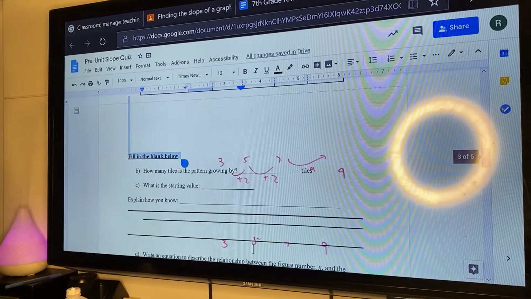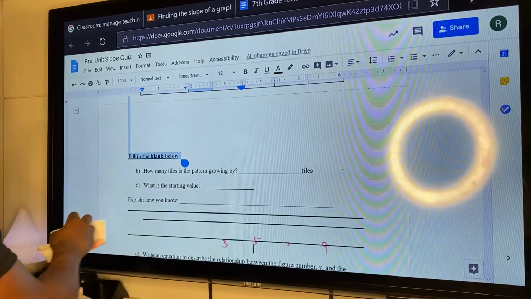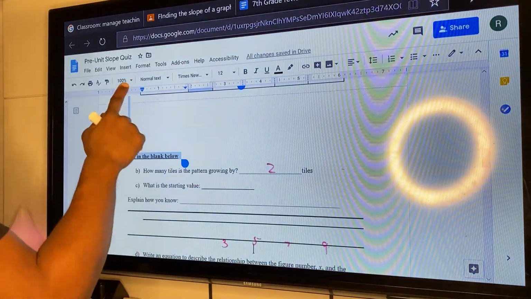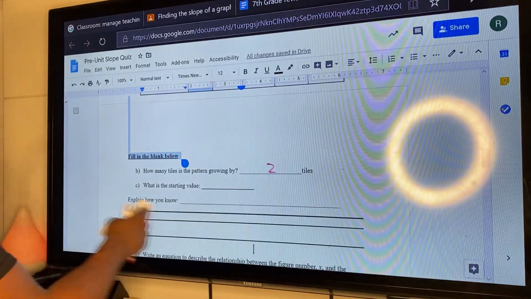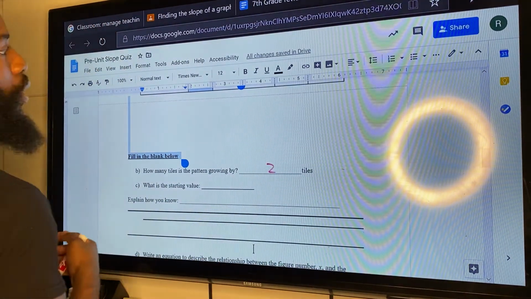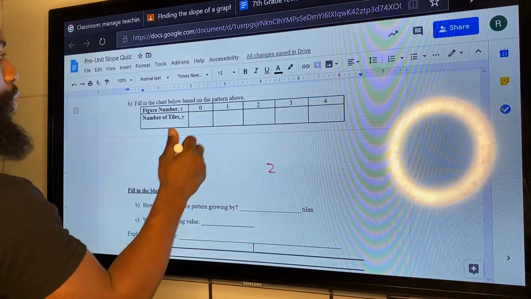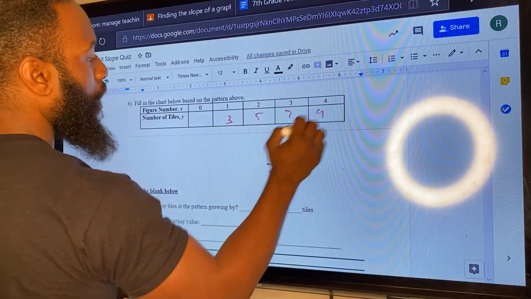So it says fill in the blank below. So how many tiles is the pattern going to buy? We know there's 2 tiles. Every time we increase by 1, it goes up by 2. What is the starting value? We do not know that yet. Well, but we do know, if I could draw this table again, 3, 5, 7, 9.